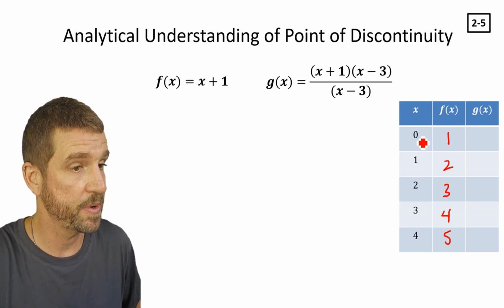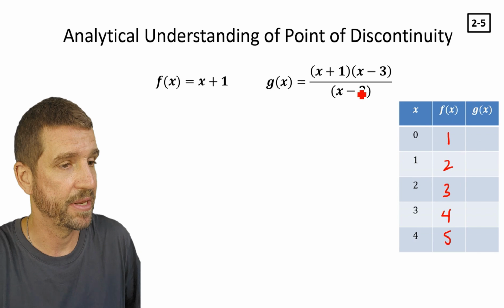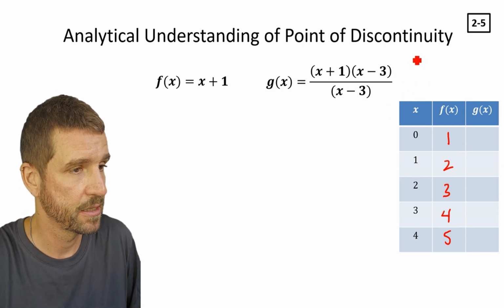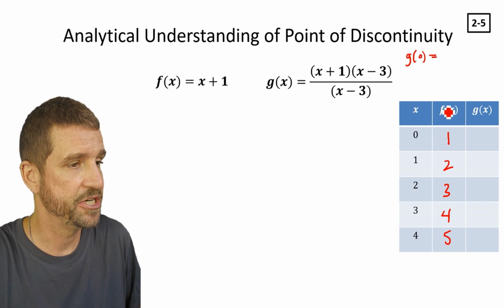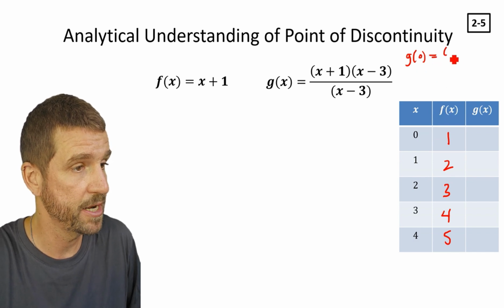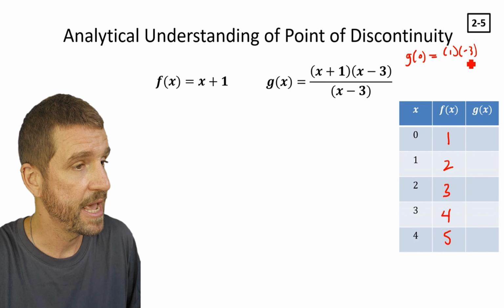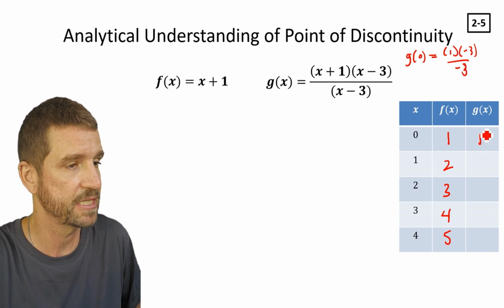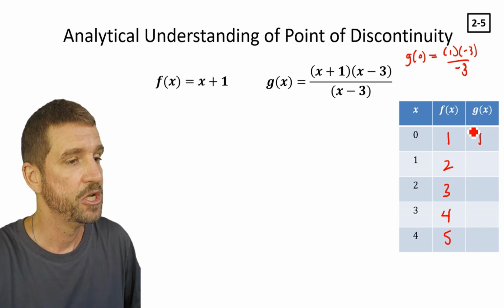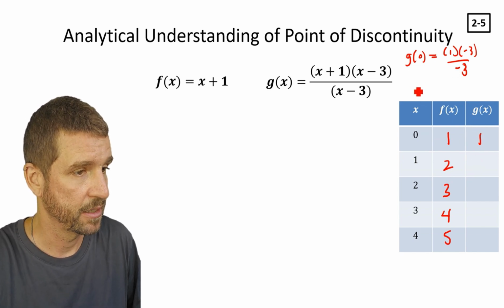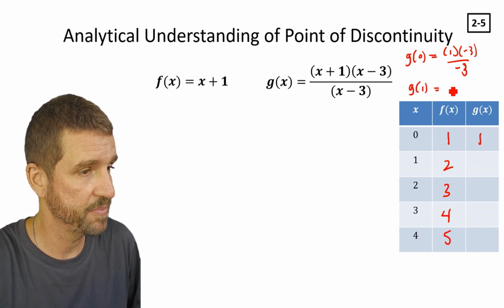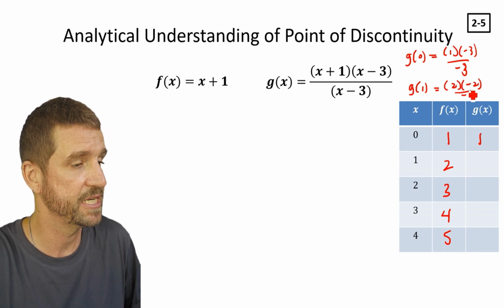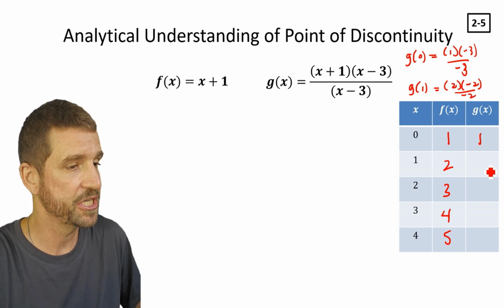The g of x, well, when we plug in 0, what's gonna happen? So g of 0 is going to be, and I'll just write these here, 0 plus 1, 1, times negative 3, which is negative 3 over negative 3, which is a 1. So you get the same value for g of 0. G of 1, if I plug it in, is going to be 2 times negative 2 over negative 2, which is negative 4 over negative 2, which is a positive 2.